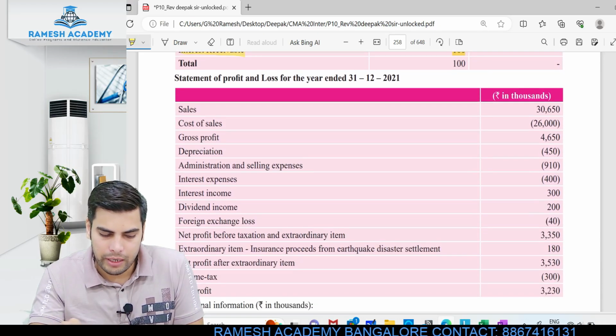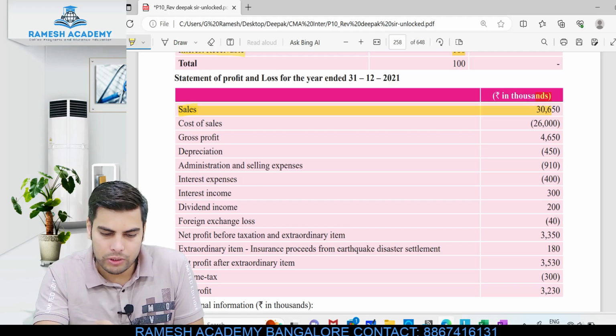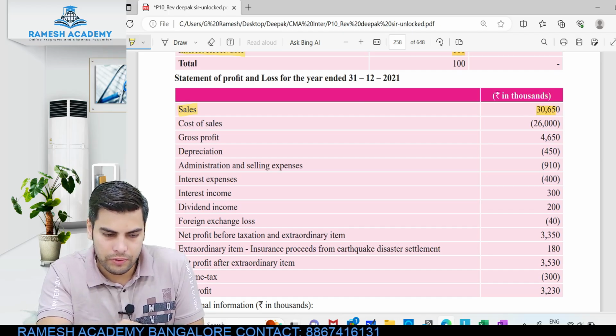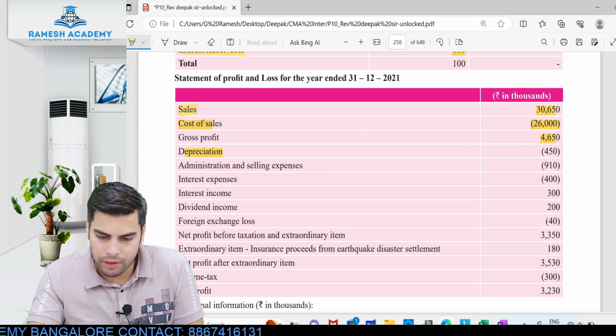So the statement of P&L account they have given, sales 30,650. All the amounts are in thousands. Cost of sales is 26,000. Gross profit 4,650. Depreciation has been given as 450.